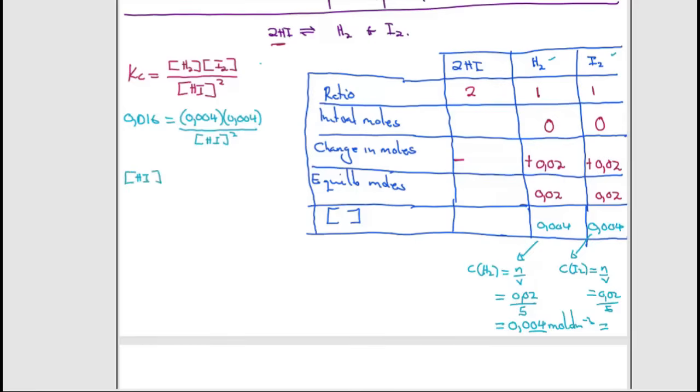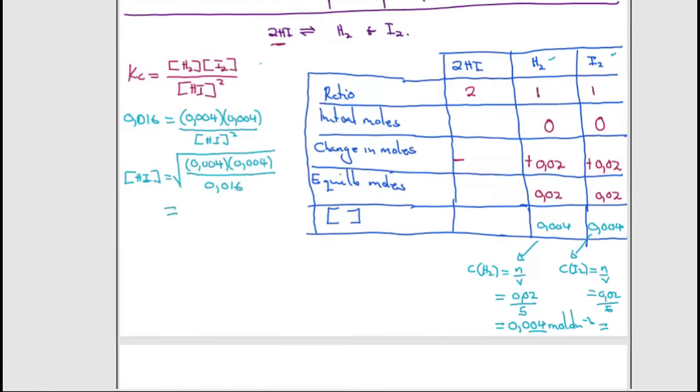Allow me to make a shortcut. I'm going to take the root, to remove the square, so it's going to be the root of 0.004 multiplied by 0.004, all over 0.016.